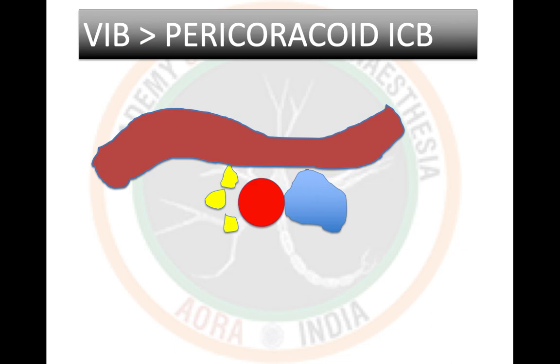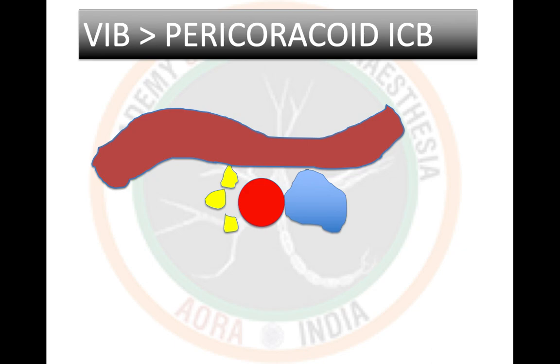So if we talk about VIB and pericoracoid block, this is the clavicle, this is the axillary artery, this is the axillary vein, and these are the three cords. So at the VIB level, or just below the clavicle, all three cords lie lateral to the artery. Superficial most is the lateral cord, then you find the posterior cord, and the medial cord is the deepest.